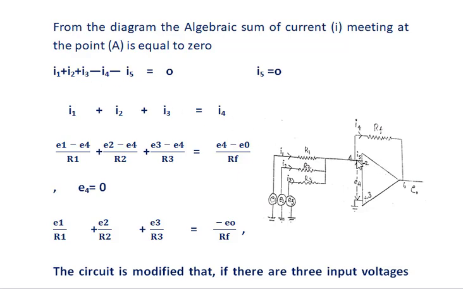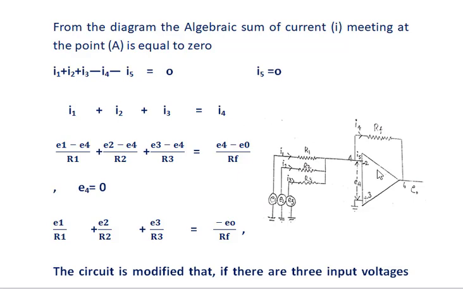The currents I4 and I5 are leaving from point A, so they are taken as negative: minus I4 minus I5. So I1 plus I2 plus I3 minus I4 minus I5 is equal to 0.